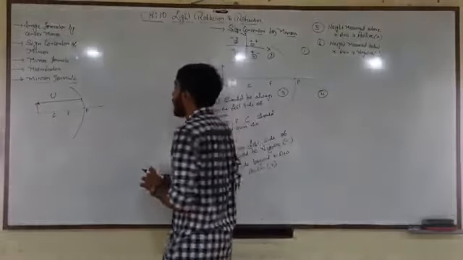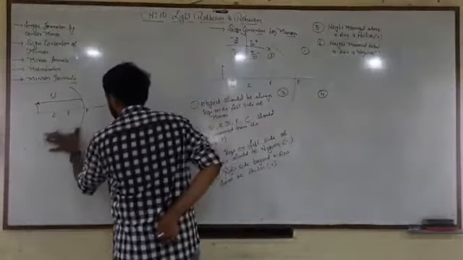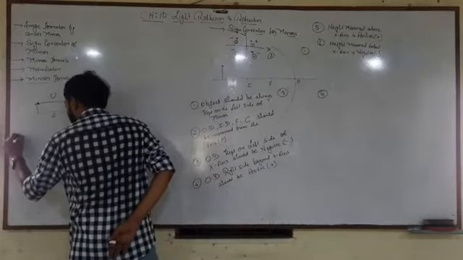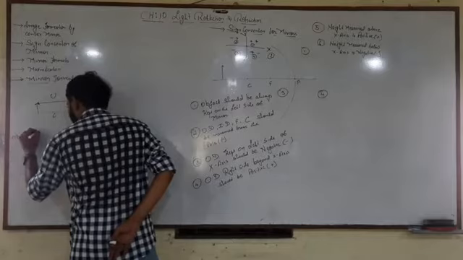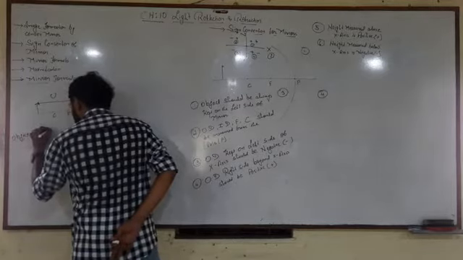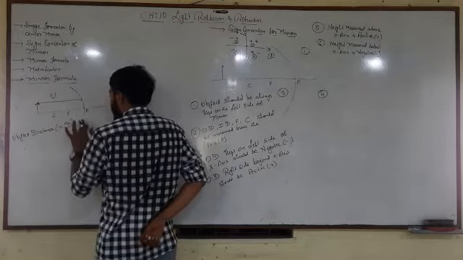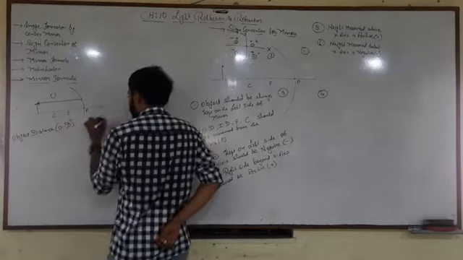So we will write that object distance OD is represented as u.